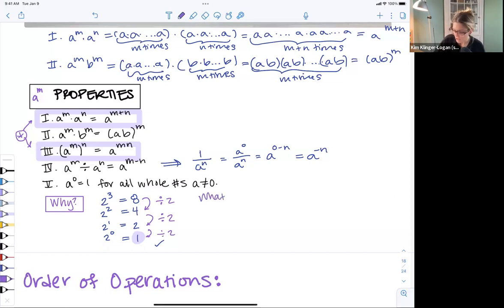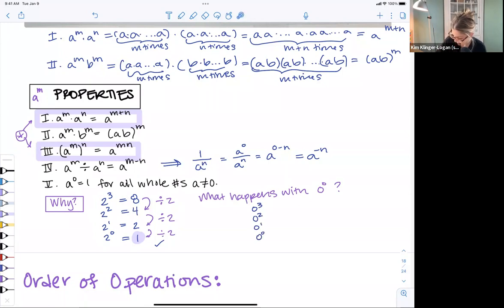Okay, so notice we do exclude 0 here. So you might want to know what happens with 0 to the 0. Well, on one hand, if I do a similar process, let's look at 0 cubed, 0 squared, 0 to the 1 power, and 0 to the 0 power.